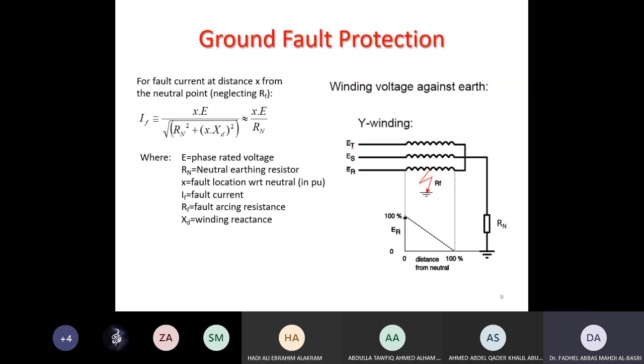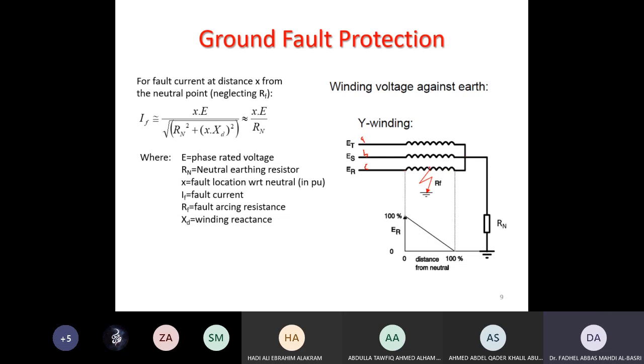This is the voltage of each phase, A, B, C. Now if a fault happens to ground, if the fault is at the end of the stator winding, the voltage across the stator winding is the full rated voltage, which is 100% of rated voltage. When a fault is at the star point, the voltage is 0, because it is fully grounded.